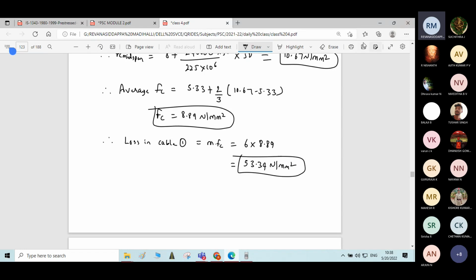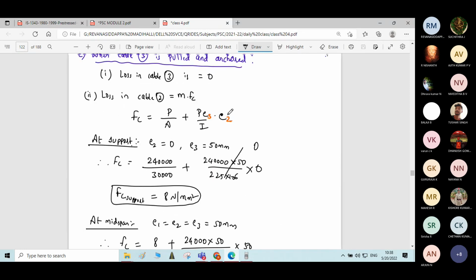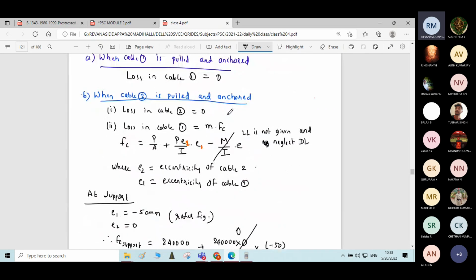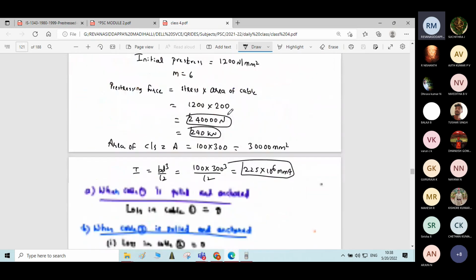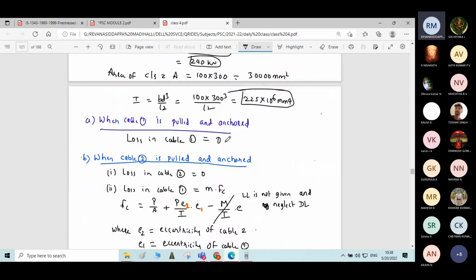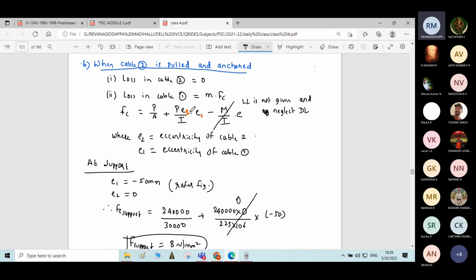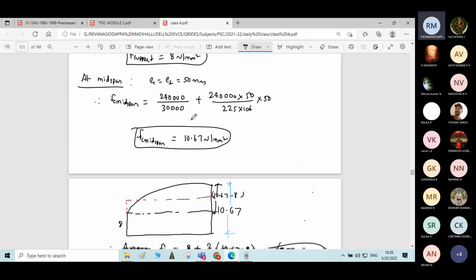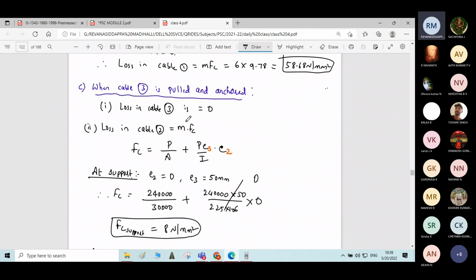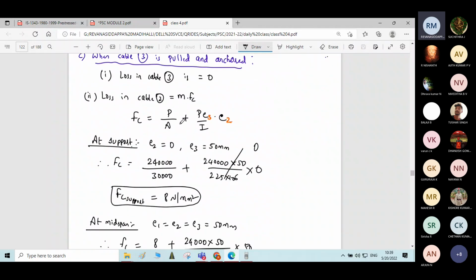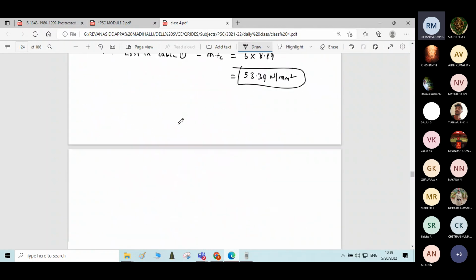Okay, I hope you understood the procedure, students. When cable 1 is pulled and anchored, loss in cable 1 is 0. When cable 2 is pulled and anchored, loss in cable 2 is 0, and you have calculated loss in cable 1. When cable 3 is pulled and anchored, loss in cable 3 is 0, and you have calculated loss in cable 2 and loss in cable 1.